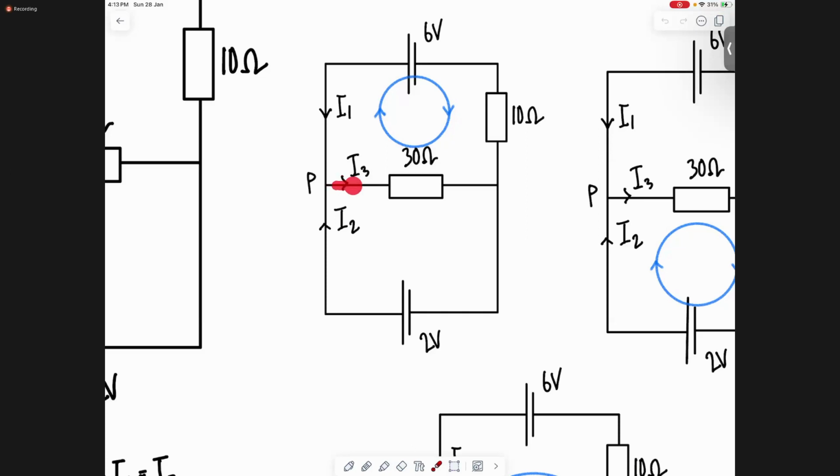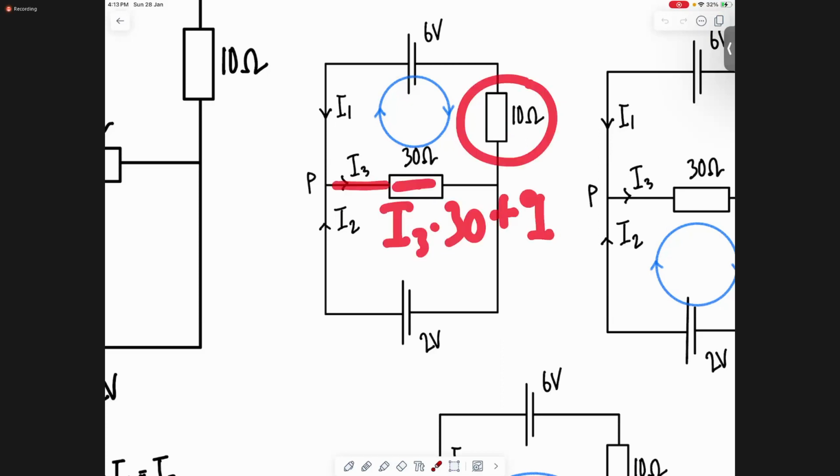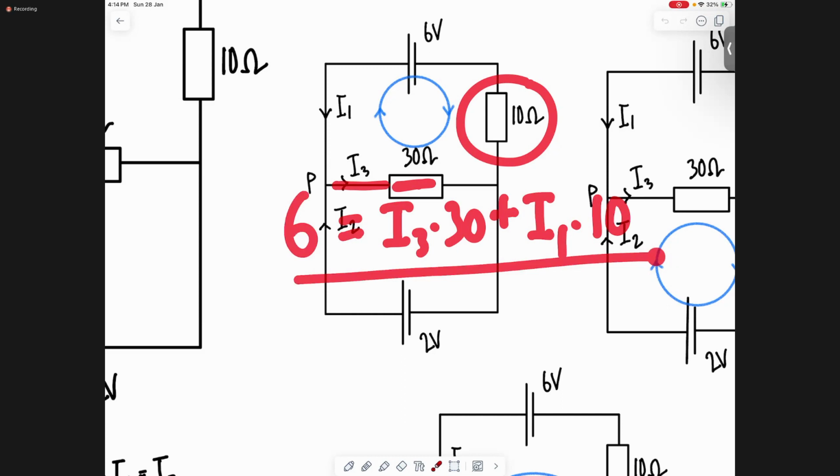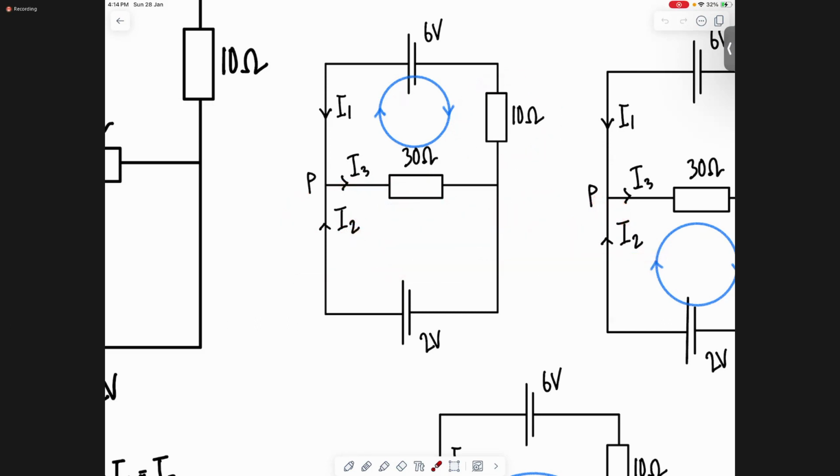The current is I3 here, and the resistance is 30, so I3 into 30. But what's the current there? Is it I3? No, it's I1, right? So you have plus I1 into 10, and all of that is supposed to be equal to 6, right? That doesn't give an answer. You might feel maybe a simultaneous equation is coming up. So here we are not getting the answer right away.